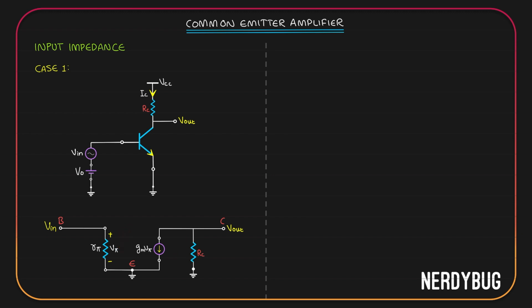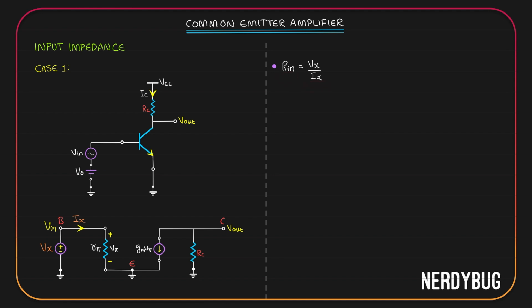So to find the input impedance, we have to shut down all the independent sources and connect a voltage Vx over here. Calculate its relationship with the current that will flow in this direction, Ix. Once we get the relationship between Vx and Ix, we can take Vx divided by Ix that will give us the input impedance.